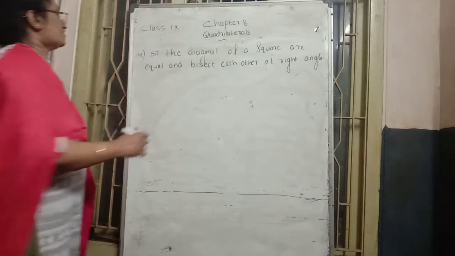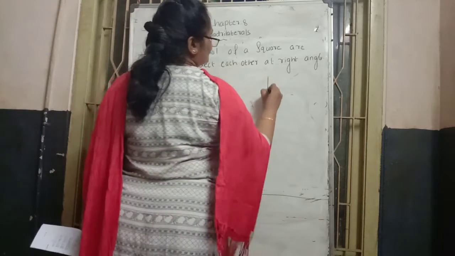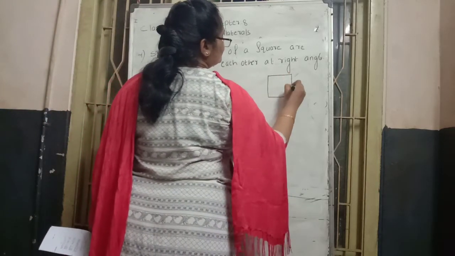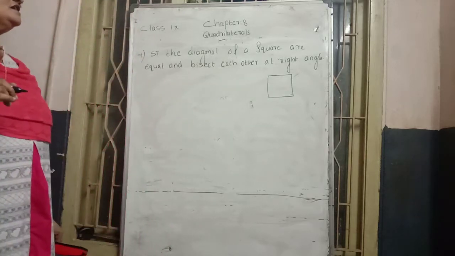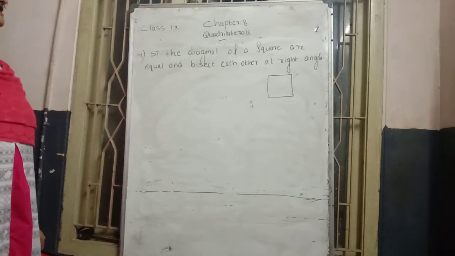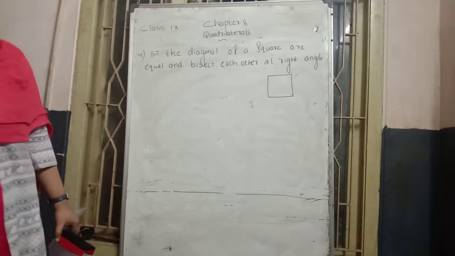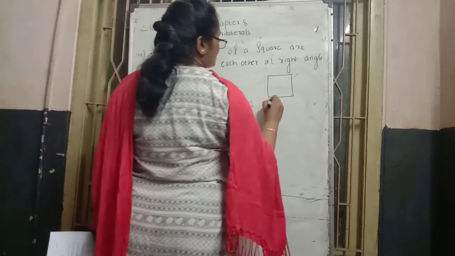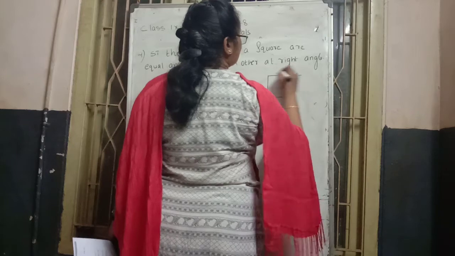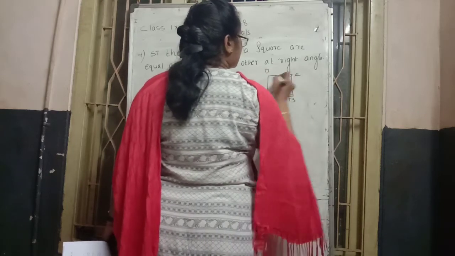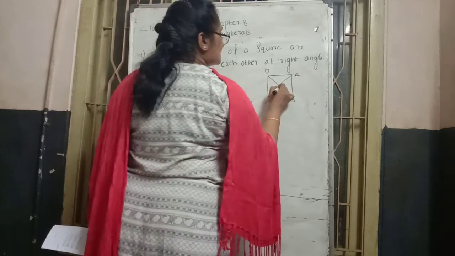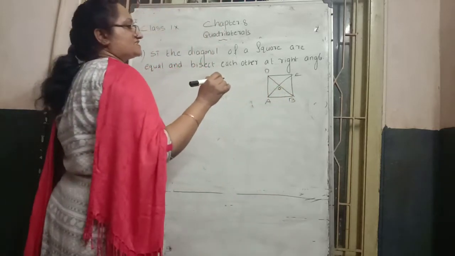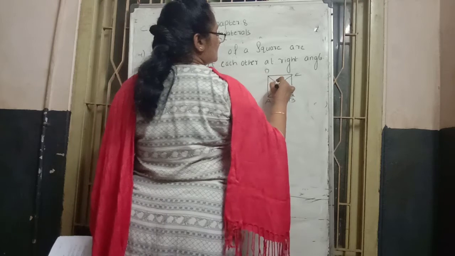There also we can draw a diagonal. We can draw a quadrilateral shape and mark any alphabet there: A, B, C, D. Then AC and BD are the diagonals, and O is the intersecting point of the two diagonals, the center.